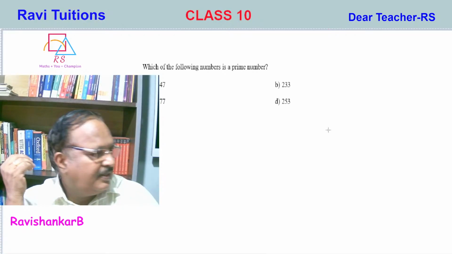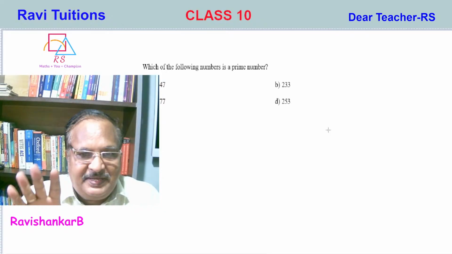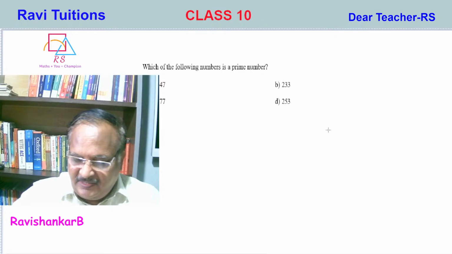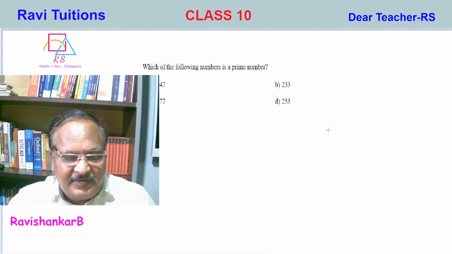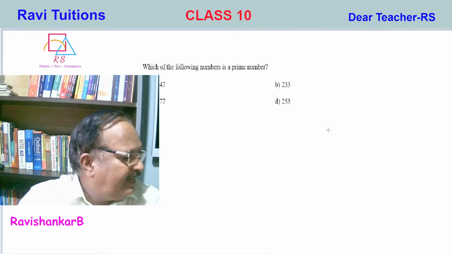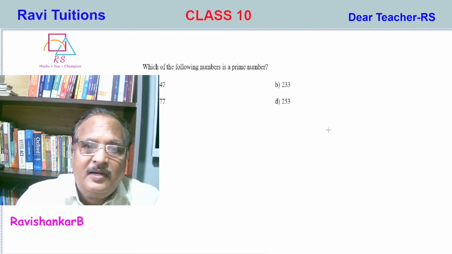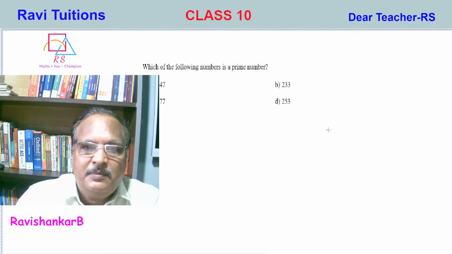Okay, so you have to identify the prime number. This is a little bit difficult question. If it is a small number, anybody can answer. Below 50, everybody can easily identify. Even below 100, most of the students can identify which is a prime number and which is not a prime number.